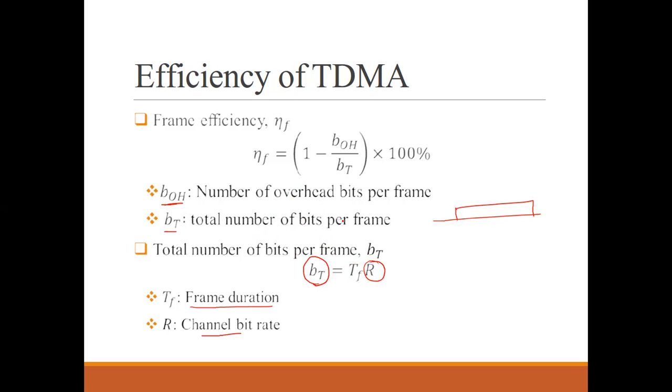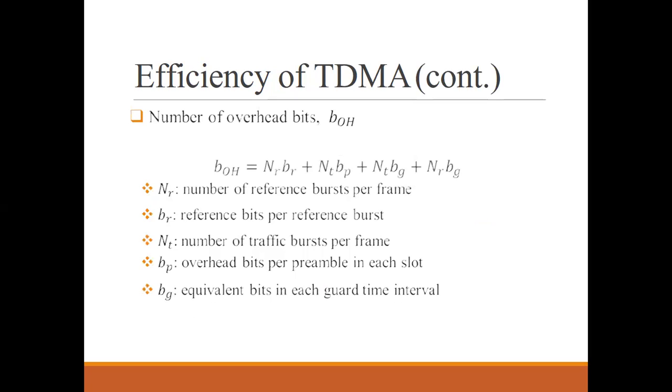Now we can see the number of overhead bits. So number of overhead bits में बहुत सारी चीजें आएंगी, like NR into BR. So there will be some reference burst per frame, and there will be reference bits per reference burst. NT is the number of traffic burst per frame.